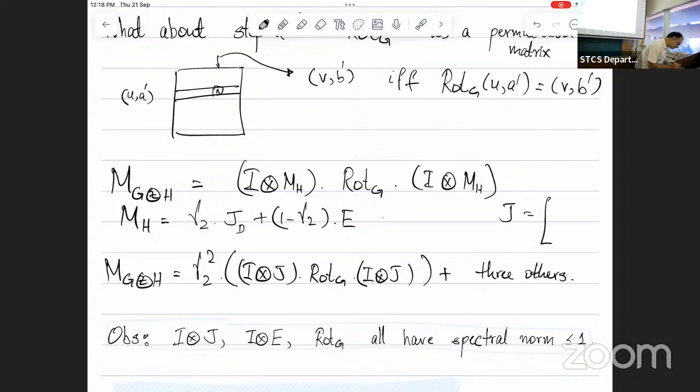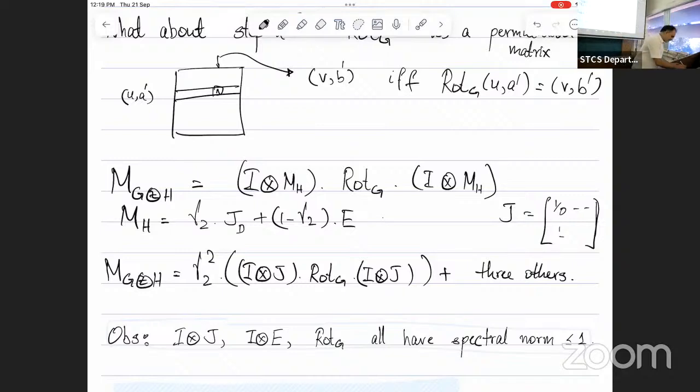Maybe I should have put a J_D here, in which case it's 1 by D everywhere. So therefore that is row stochastic. And I tensor E also has spectral norm at most 1 because per block the length only reduces, so overall the length can only reduce. Therefore all of these have spectral norm at most 1.